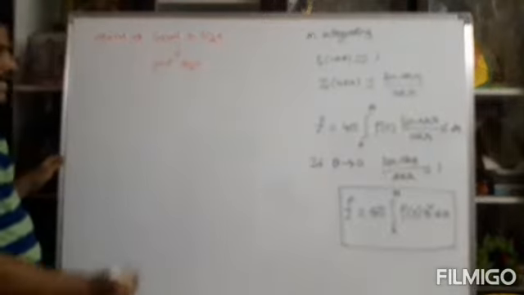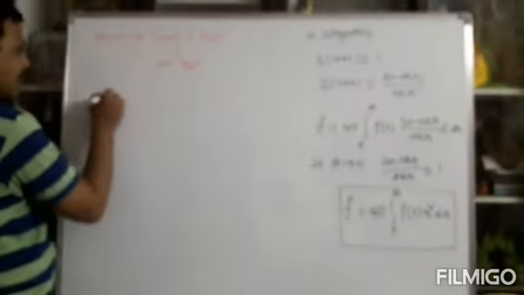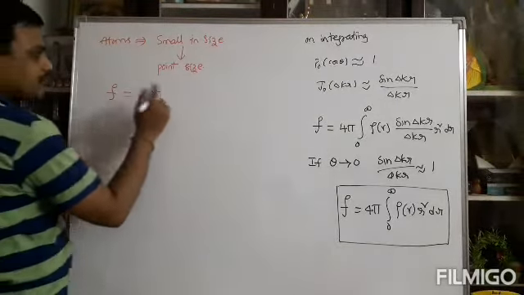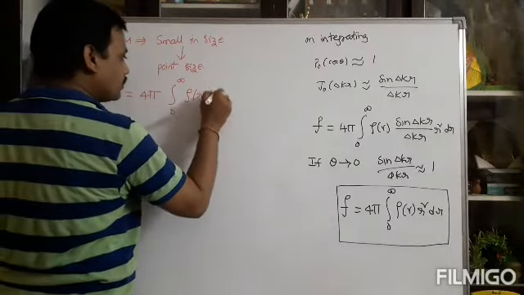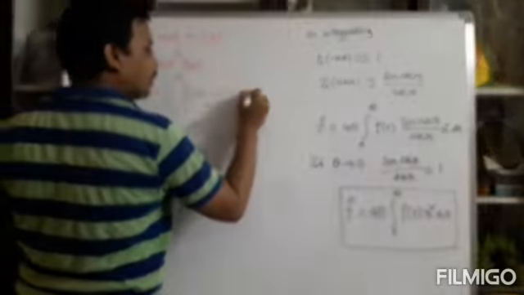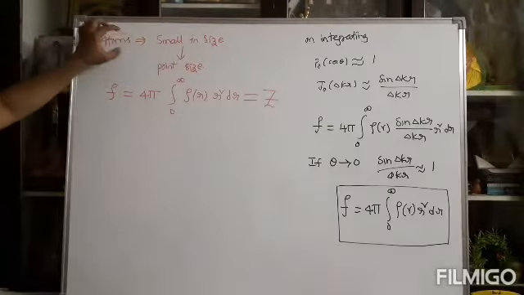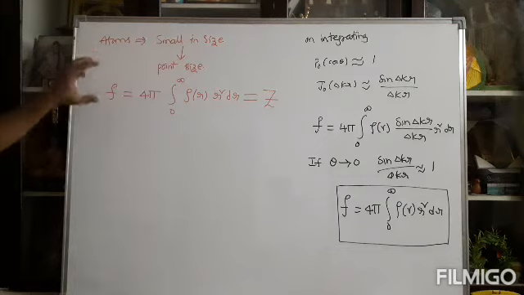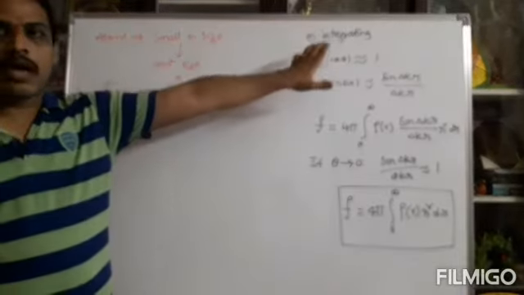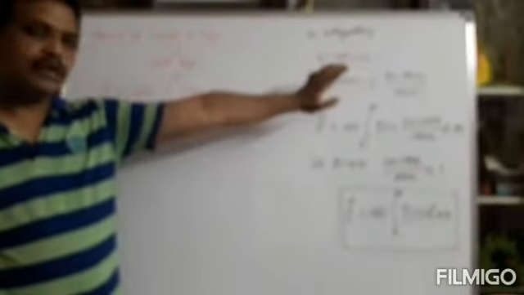So for point size atoms, this F value is nothing but the form factor value. You get the result F is equal to 4 pi into integral 0 to infinity rho of r into r square into dr, which must be equal to Z. What is Z? Z is nothing but the atomic number. The efficiency of scattered X-rays, the value of the form factor, must be equal to the atomic number of the element or atom.